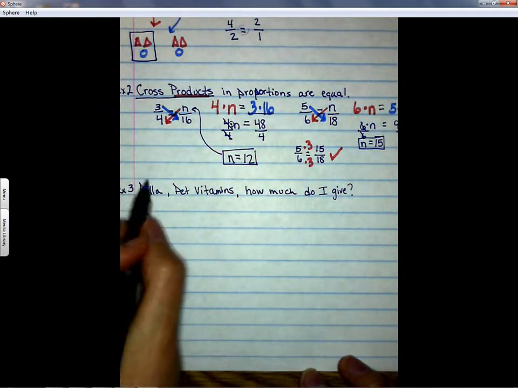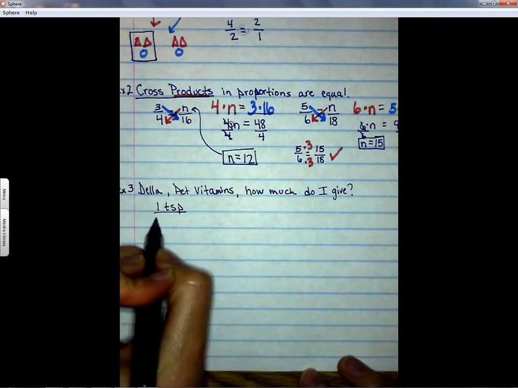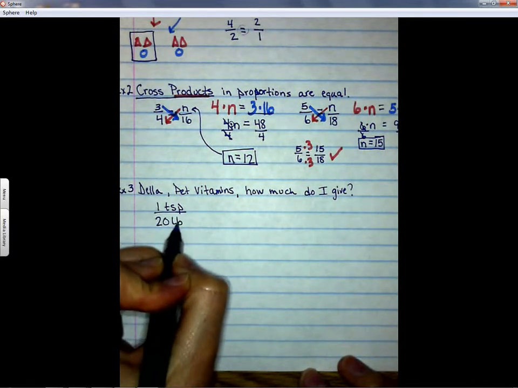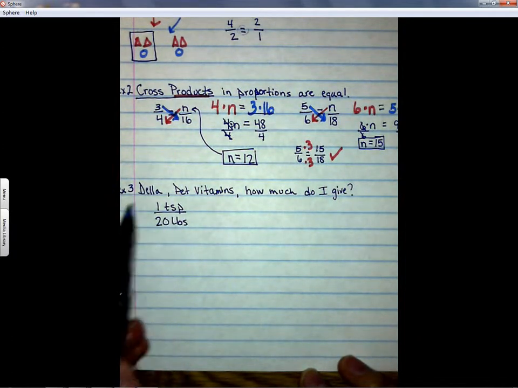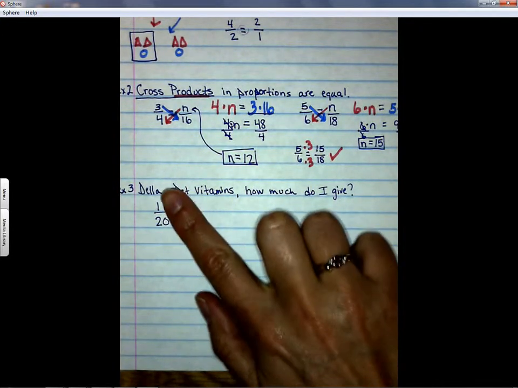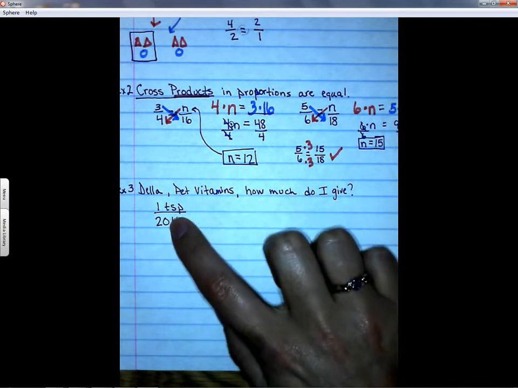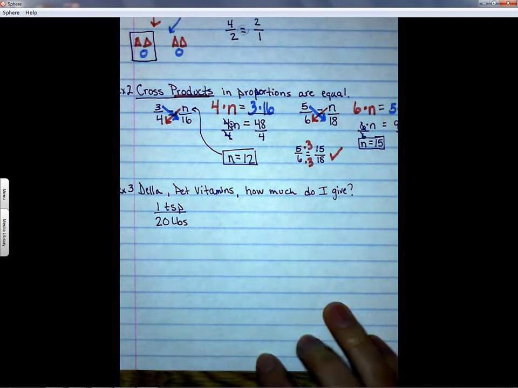Well, the directions say they get 1 teaspoon for every 20 pounds. And this is a rate because I have 2 different labels. It's a ratio if I were to just have the digits 1 to 20, but because I have 2 different labels, that's what makes it a rate.